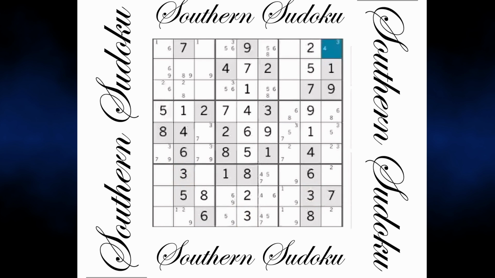We need a 4 and that can be a 4. We've got a 4 here, so those can't, but these can. Need a 5, and those can also be a 5. That can be a 5, that cannot. Need a 6.